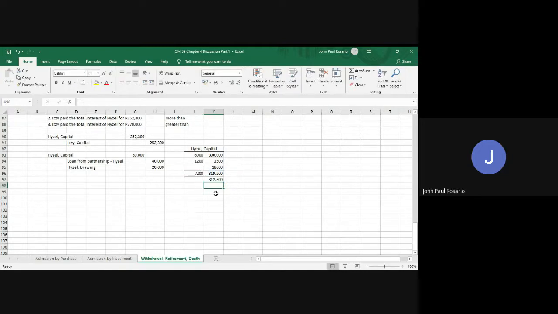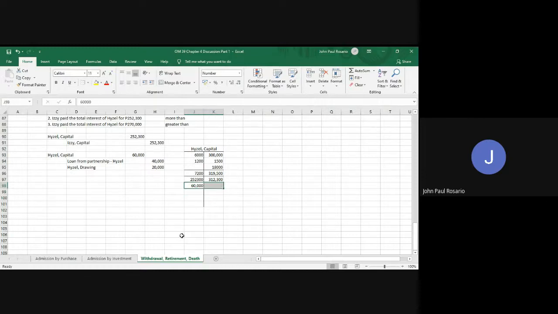We have determined nga muna iyang adjusted nga capital balance, and then we continued na we deducted 252,300 and another 60,000.